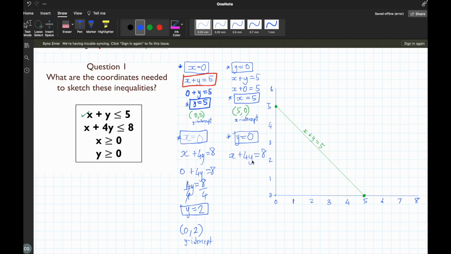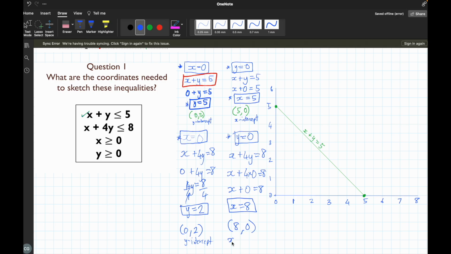Now, if I replace y with 0, I'll end up with x plus 4 times 0, because 4y is the same as saying 4 times y. So 4 times 0 is equal to 8 minus x, so I would have x plus 0 equal 8. So what do you think the value of x is? The value of x is 8. So now I have a value for y and a value for x. So my coordinate is going to be x, which is 8, comma 0.